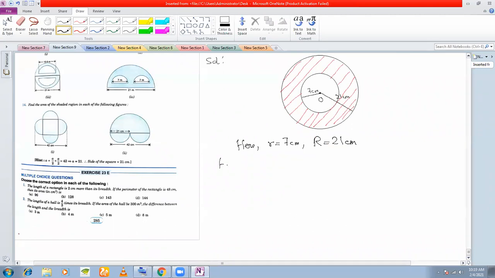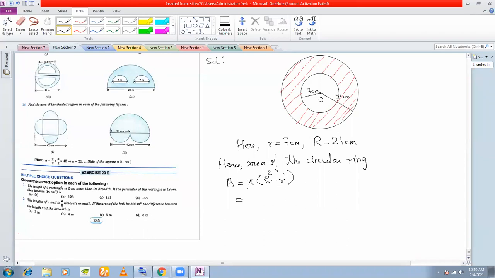Hence, area of the circular ring A is equal to pi into capital R square minus small r square. Now, we will put the value of pi according to our convenience.